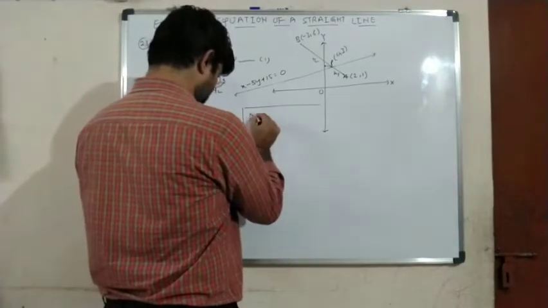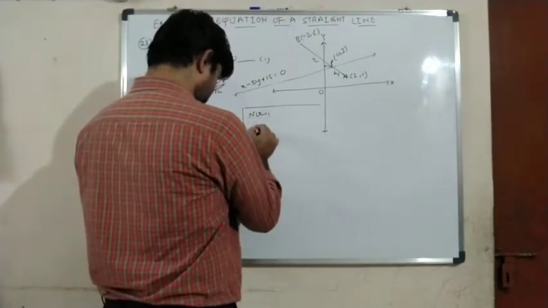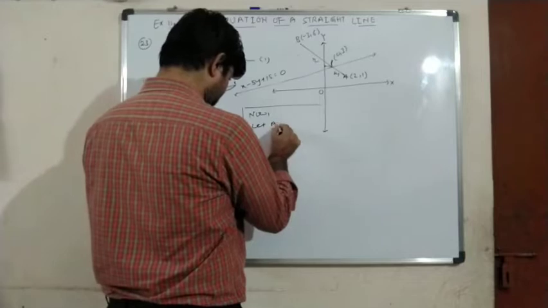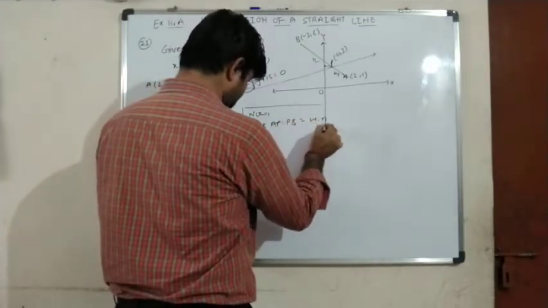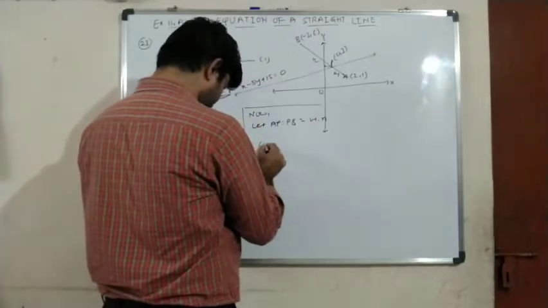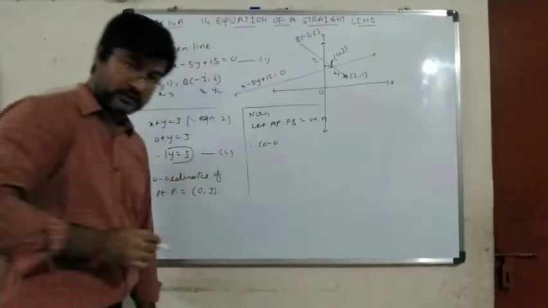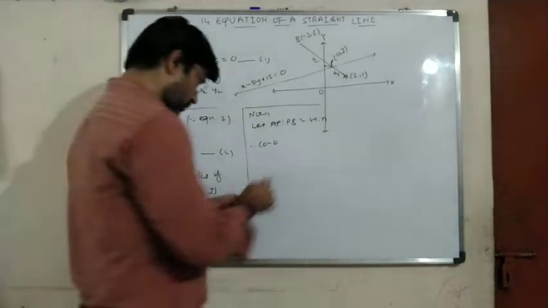Okay, now let the ratio AP is to PB be equal to m is to n, and therefore we will use the section formula over here.